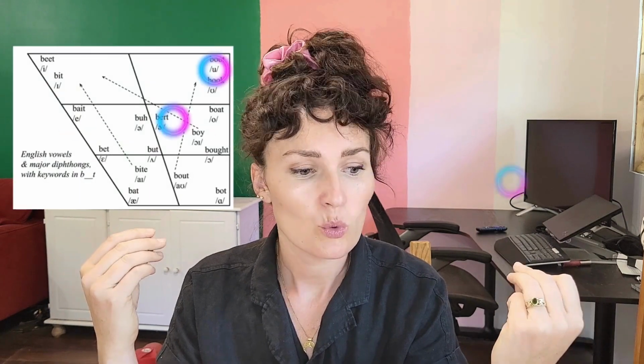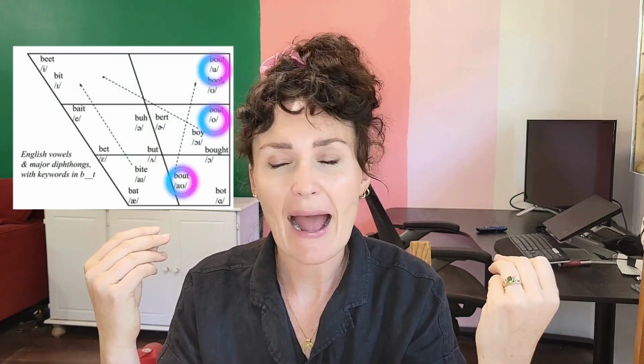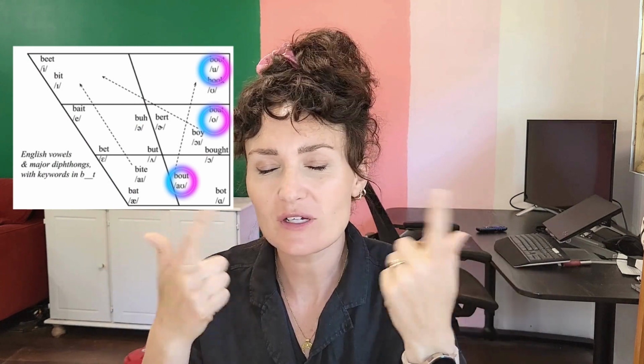And the W, it makes perfect sense that we would say W after a vowel like oo or o or ow. As you can see, like the lips are already there in prime position to then pull away.